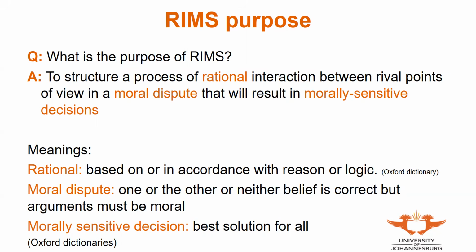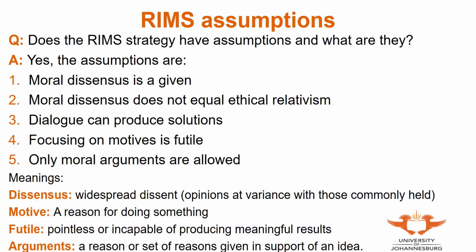We'll dive more deeply into the concept of moral. And then you have to land up with a morally sensitive decision, so it's what is best for all. It shouldn't be a selfish decision. It should be a decision that benefits all parties involved.